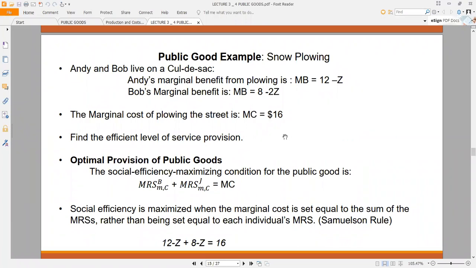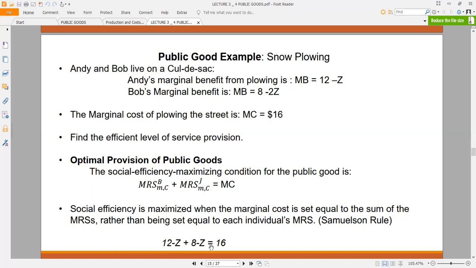But here, the quantity is fixed, but it's the price that they will pay that varies. So the marginal benefit for Bob, you have to add it to that of Andy, equate it to the marginal cost, and then you solve for the quantity that will be provided. So we add 12 minus Z to 8 minus Z, then we equate it to 16.